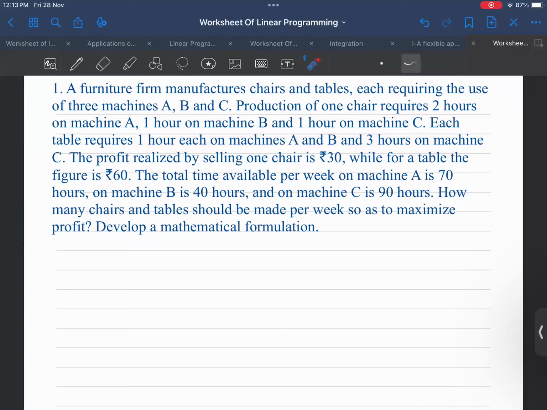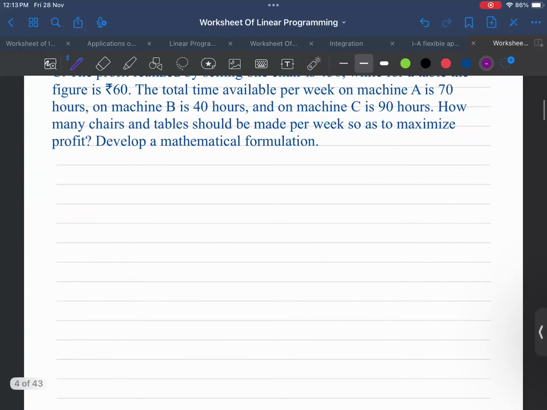Okay. Now let's make it in the tabular form so that it's easy also. I'll just explain. Suppose it's a machine. We know how many machines there are?